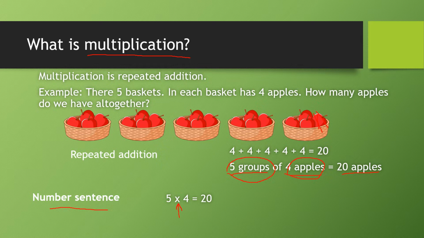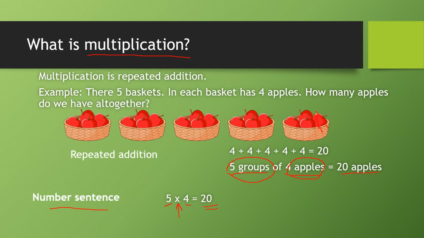So these baskets should always have the same amount of apples or the same amount of things. So it is 5 baskets with 4 apples in every basket. So 5 times 4 equals 20.